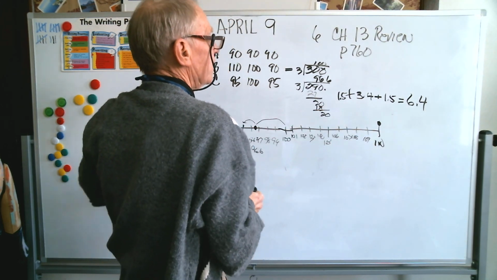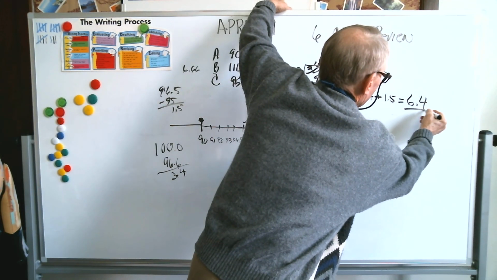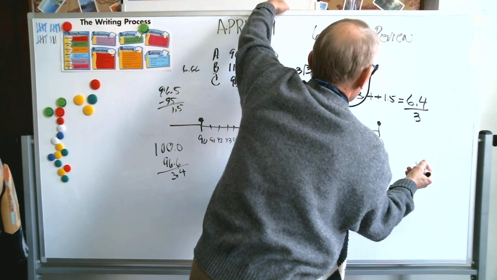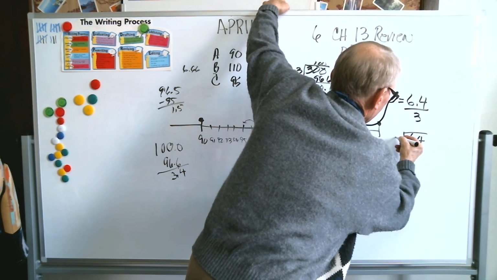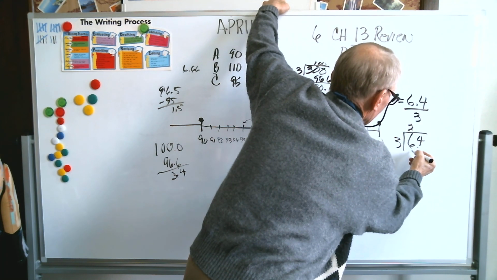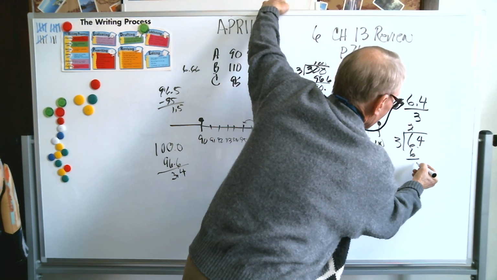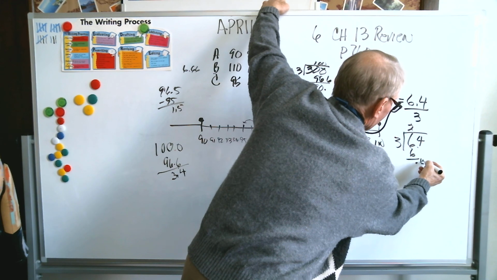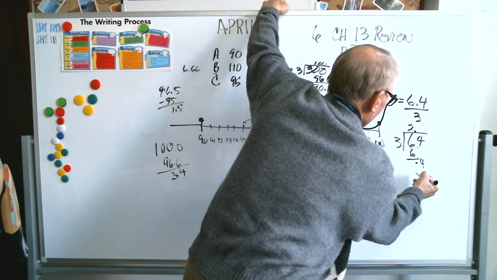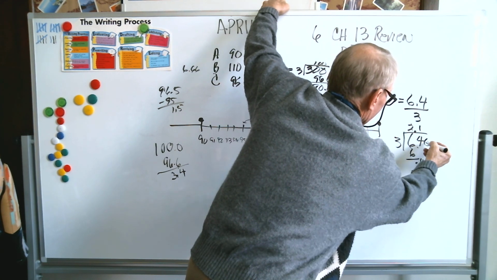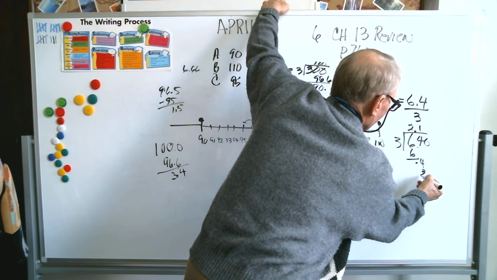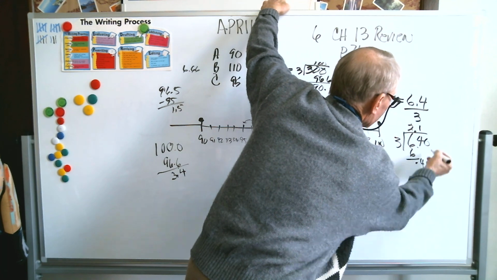And so that's 6.4 divided by 3. Goes in there 2, that's 6. Bring down to 0.4. 3 goes into 4 once. Add a 0. 3 goes into 10, 3.